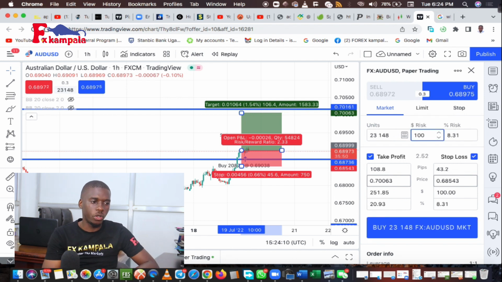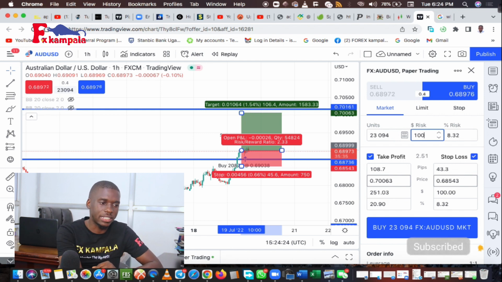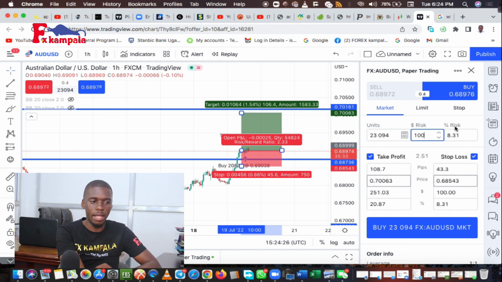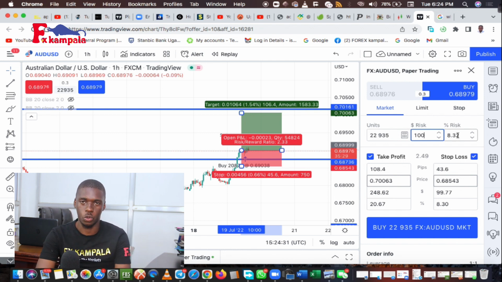If I put in $100, you've probably seen the units have changed. So I'll be in a position to exchange 23,148 units, and when it comes to the risk here, it is 8.3% of my capital, okay?